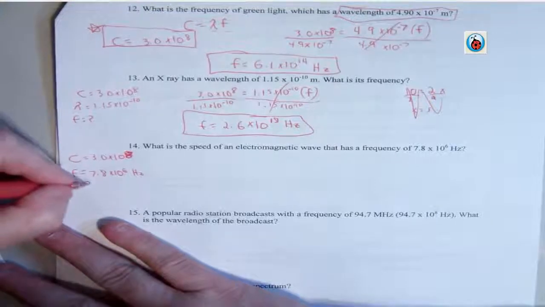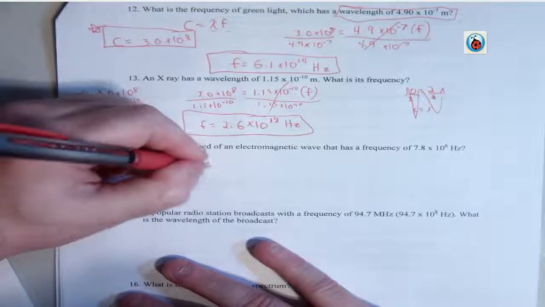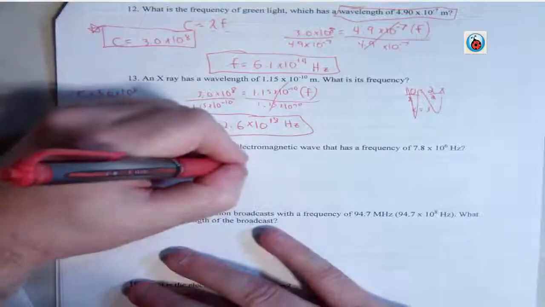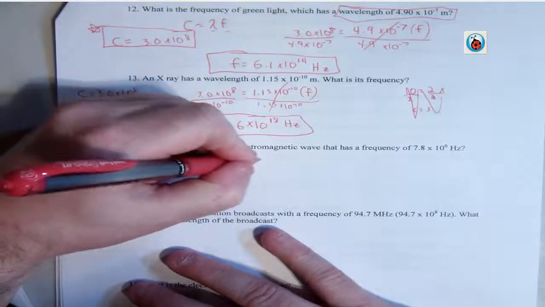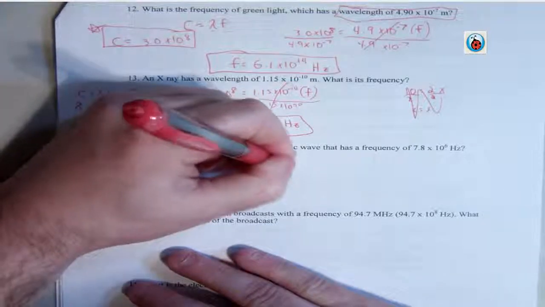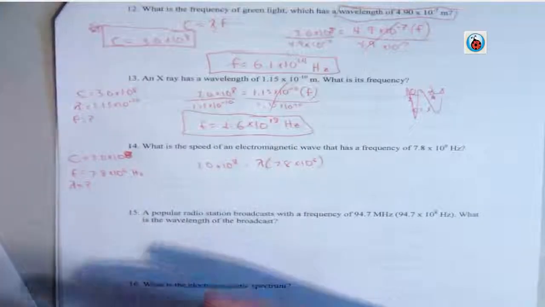Wavelength equals, we don't know, right? So we have our speed of light, 3.0 times 10 to the 8, equals our wavelength, have fun drawing this every time, times our frequency, 7.8 times 10 to the 6. Same thing.